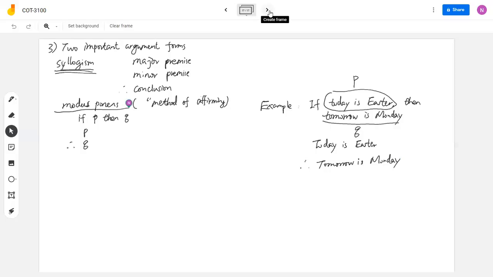And another form is also very important and very simple. It's called a Modus Tollens. The Latin meaning of this is method of denying.